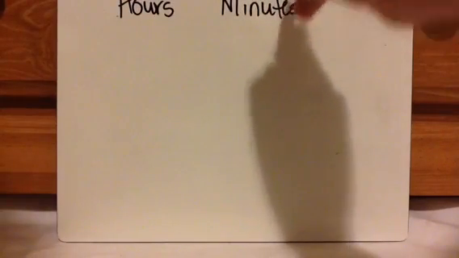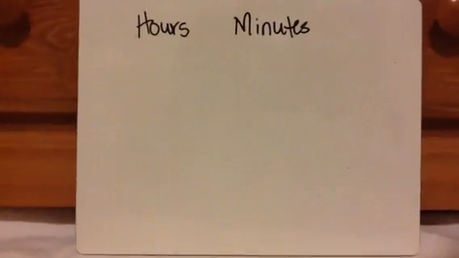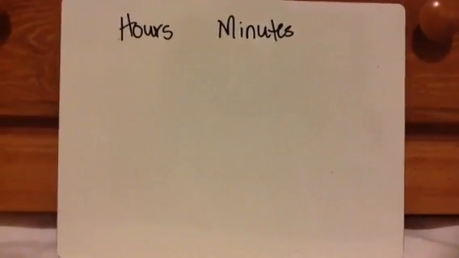Okay, so there are two things you need to know about elapsed time. The first thing is how to count hours and how to count minutes. Now, if you don't know how to read a clock, I suggest you learn how to do that first before you watch the rest of this video, because I'm not going to be teaching how to read time.